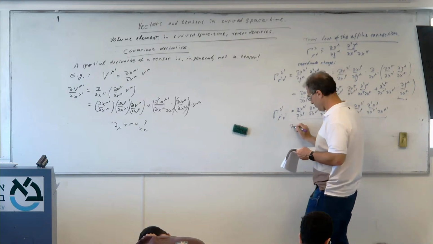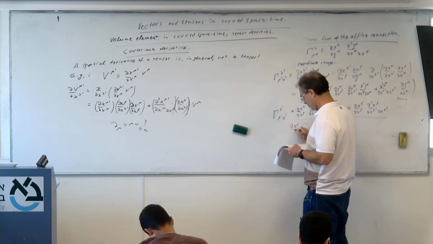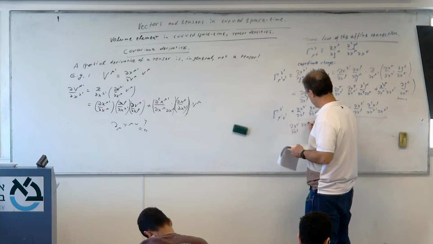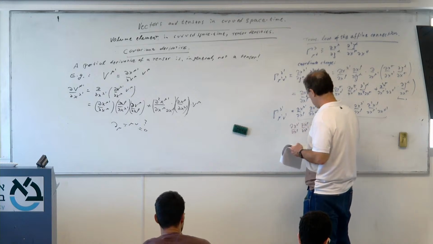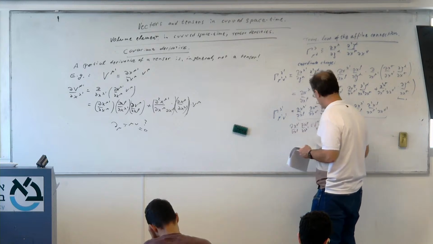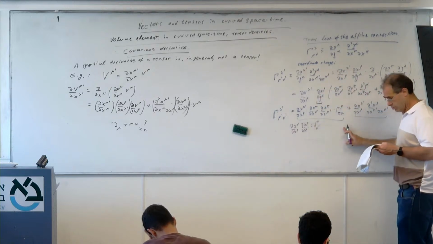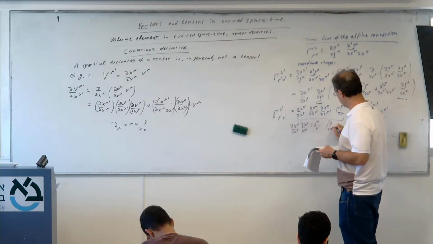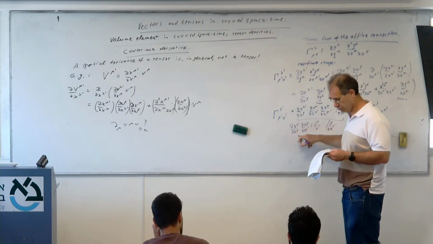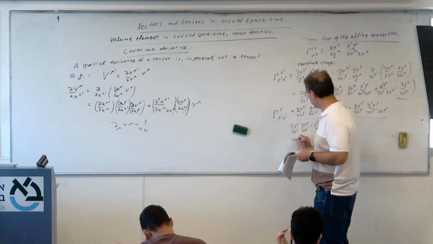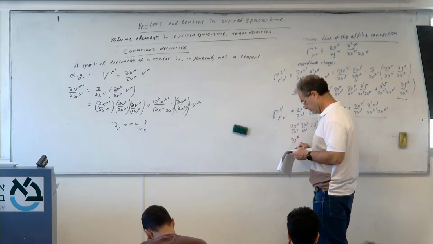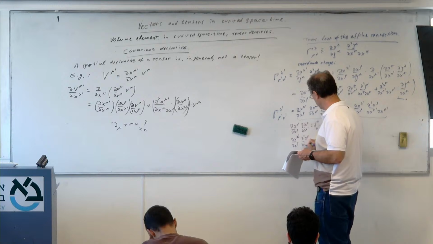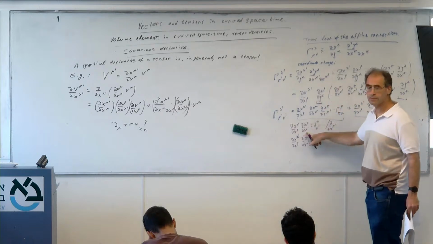I'm going to use dx lambda prime over dx rho, dx rho over dx mu prime, is delta lambda prime mu prime. And then I'm going to take a derivative of that with respect to dx mu prime. This is going to give me 0, so I'm going to have two terms here. So I'm going to write dx lambda prime over dx rho, d squared x rho over dx mu prime dx mu prime. Now this is taking the second derivative.